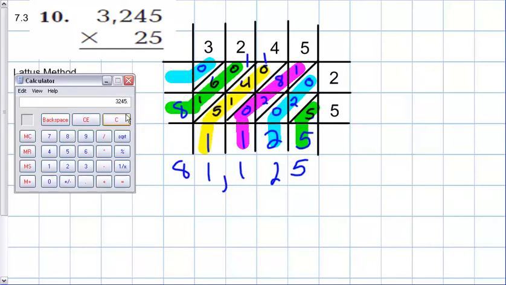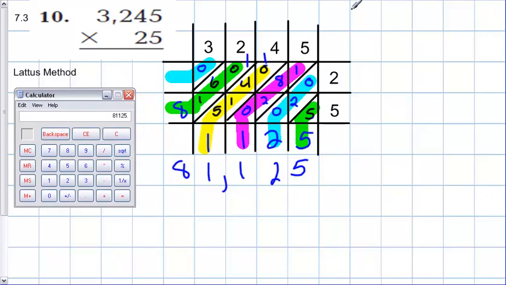I've got 3,245 times 25. I get 81,125, and I am correct. And that is lattice multiplying using the lattice method with 2 digits.